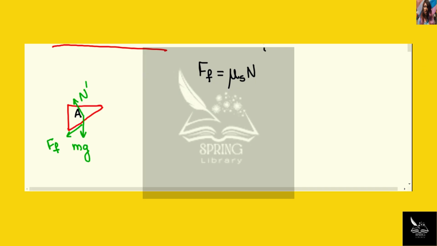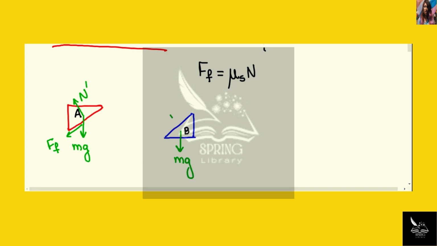Now we can draw the force diagram on block B. So this is block B. mg points downwards.